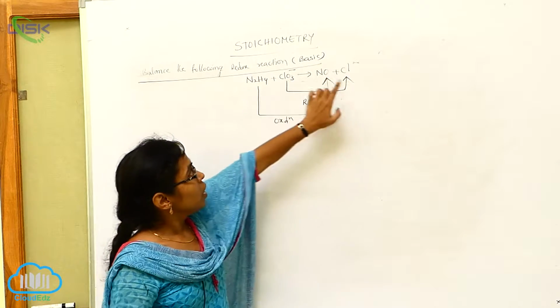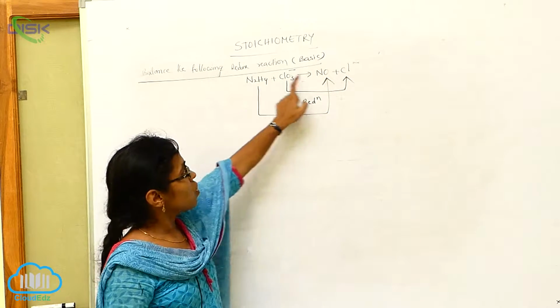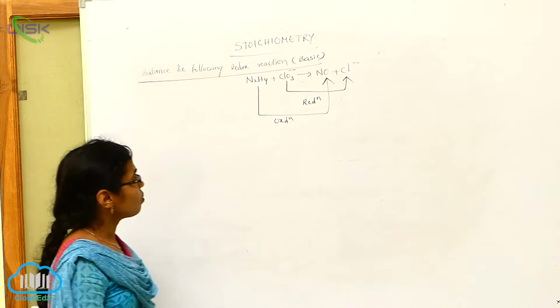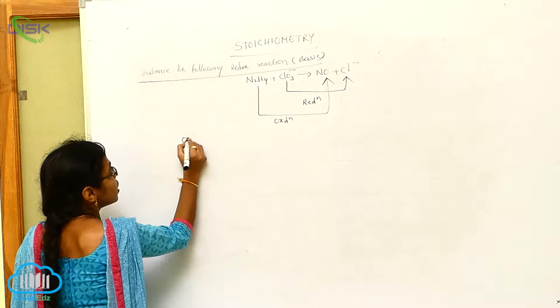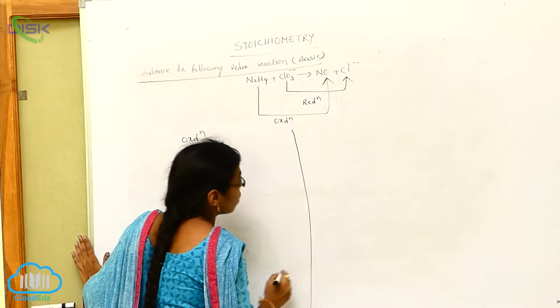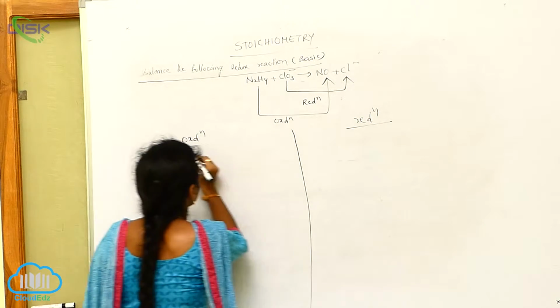Here there is no hydrogen in the ClO3 minus, so that's why I am taking it as the reduction. And N2H4 to NO, I am taking it as oxidation. So I want to separate. Now here oxidation and here reduction.